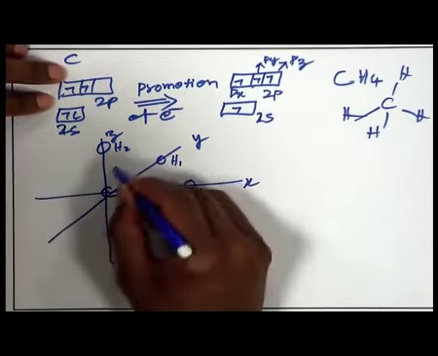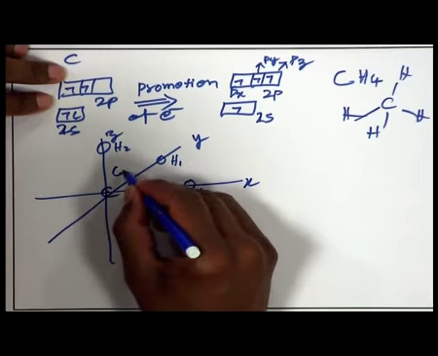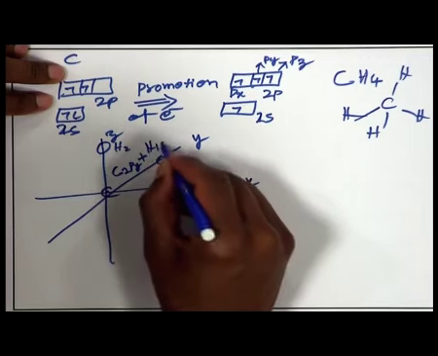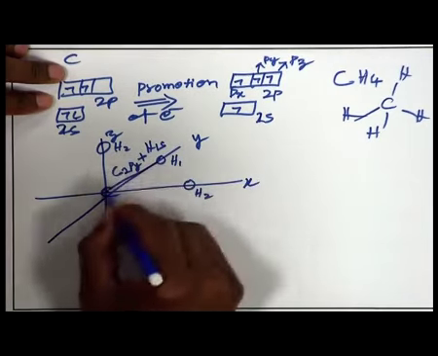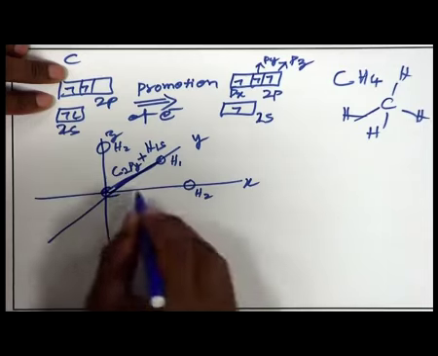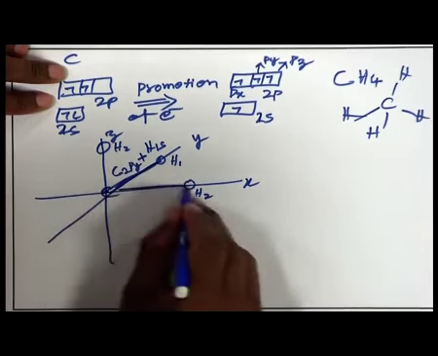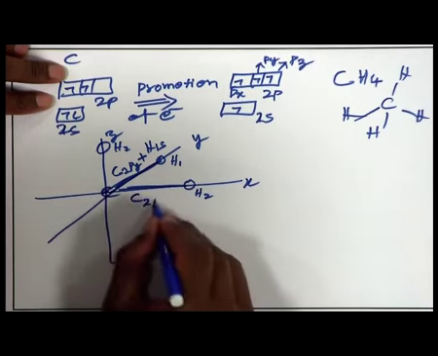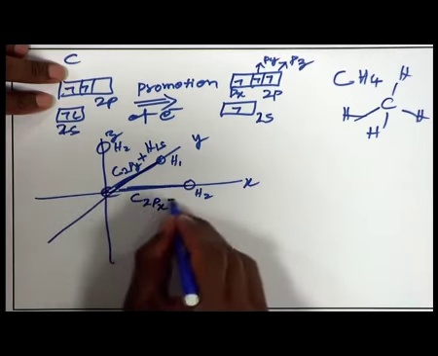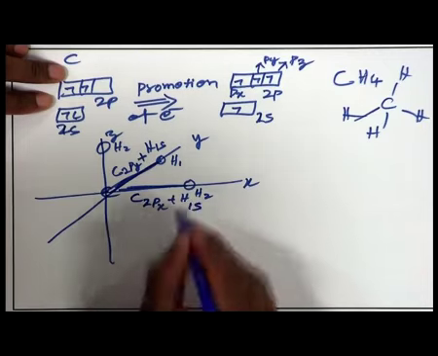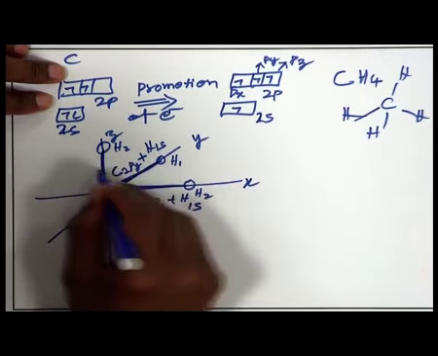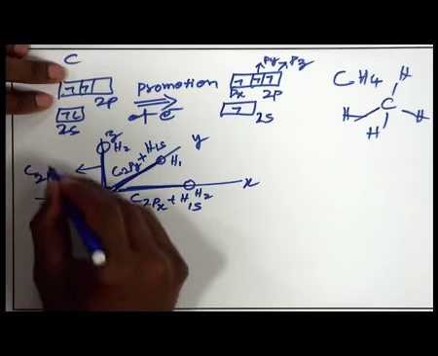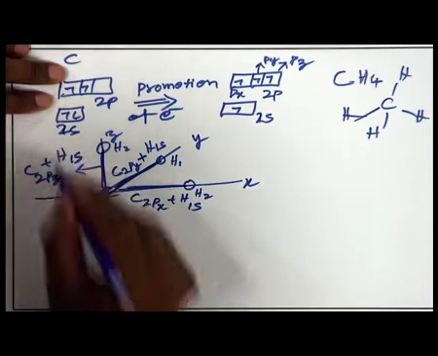This is a carbon 2py orbital plus a hydrogen 1s orbital, so a bond is formed. Similarly, this bond between carbon and hydrogen is formed using the carbon 2px orbital plus a hydrogen 1s orbital. Similarly, this bond is formed using the carbon 2pz orbital plus a hydrogen 1s orbital.